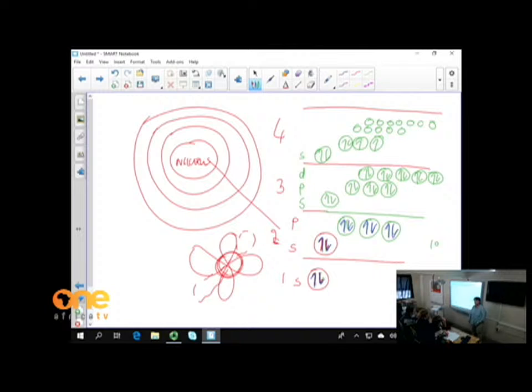It's got a filled outer shell. No, they will always go in from the bottom to the top in a specific order.